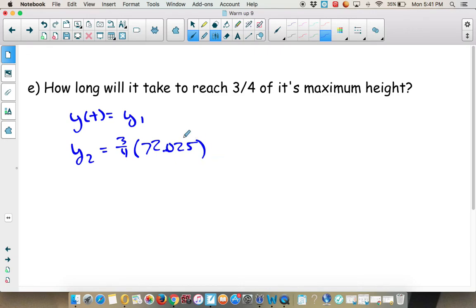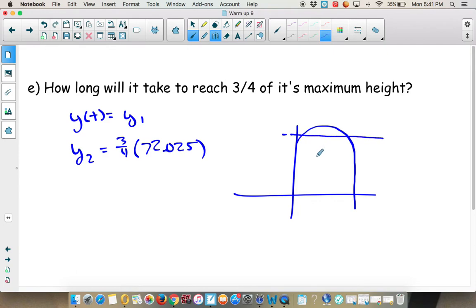Now, you're going to need to adjust your windows in your calculator to be able to capture this. But you have this function, and then you have your intersection.